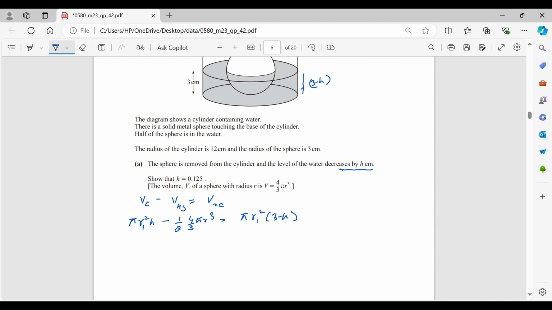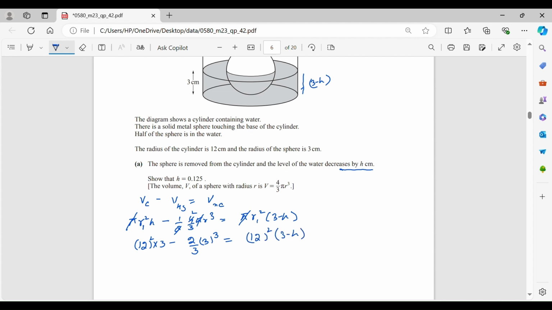Let's substitute all the values. First we can take the common factor pi and remove it. Then the radius for this one is 12, 12 square into height 3, minus 2 by 3, the radius of the sphere is 3, 3 cube, this will be equal to 12 square bracket 3 minus h.